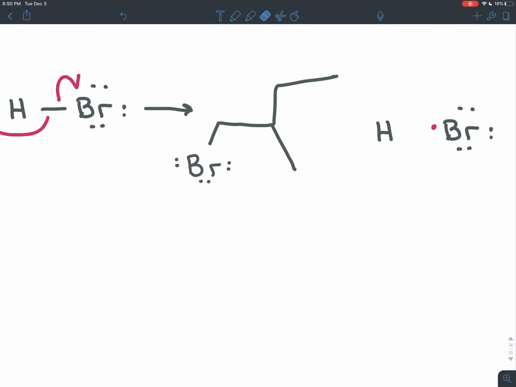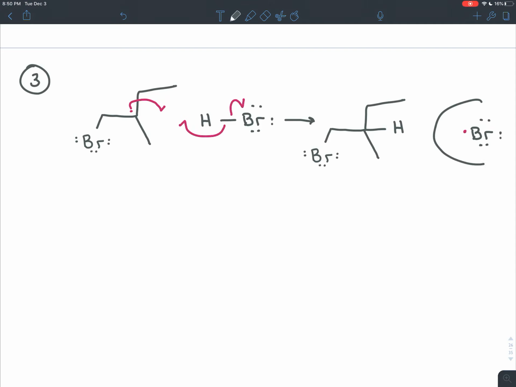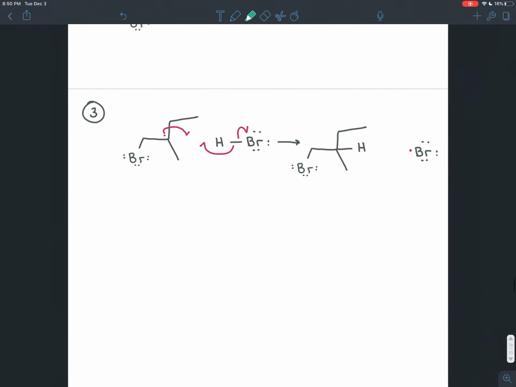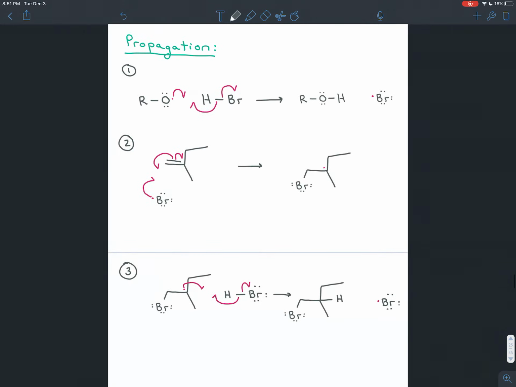The other electron combines with the radical electron on the carbon to create a bond between the carbon and the hydrogen. Now, we're left with a bromine radical that's still reactive, but notice what we've done. These were the 2 carbons in the double bond. We've added an H and a Br across it, onto them. The Br has gone onto the less substituted carbon, and the hydrogen has gone on to the more substituted carbon. That's anti-Markovnikov addition. So those are the 3 parts of the propagation step, and what we're left with are bromine radicals.